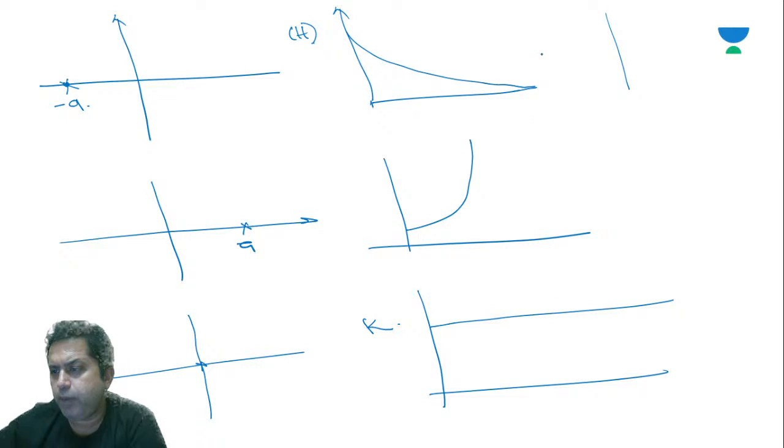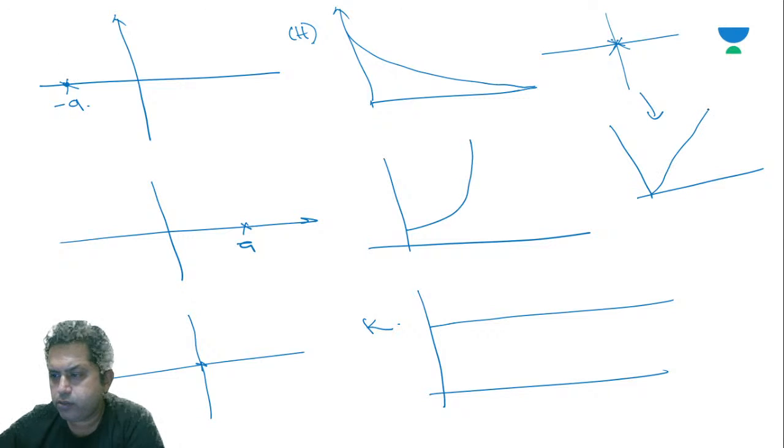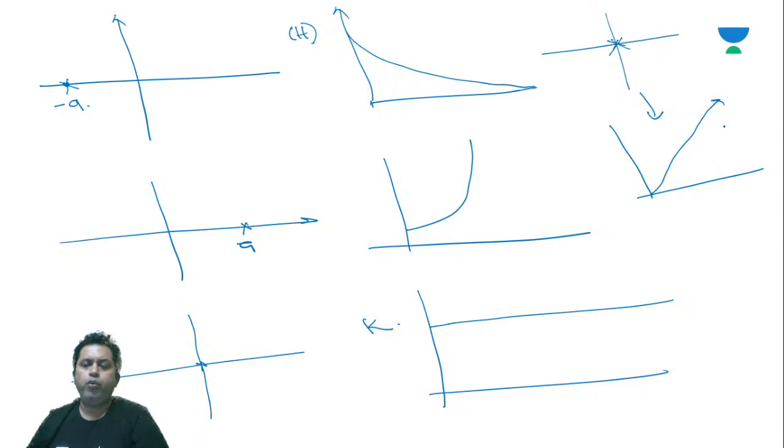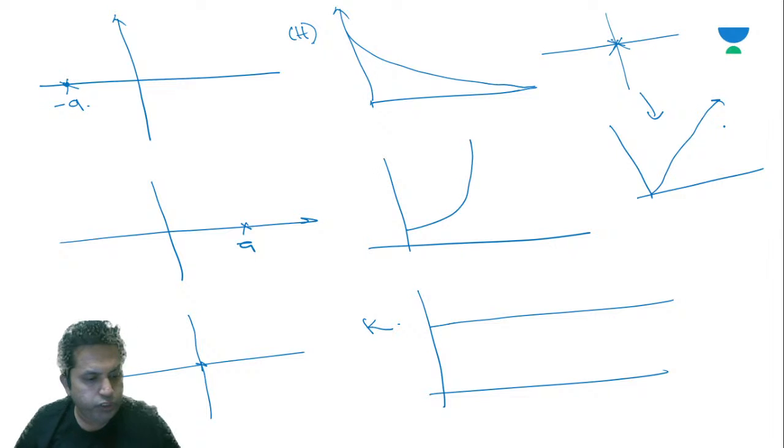Suppose there is a double pole at the origin. One pole, two poles. What is the response? The response is like this. Double pole at the origin.